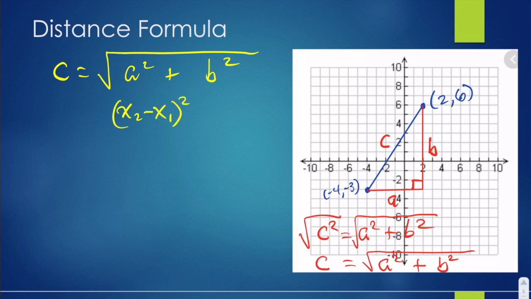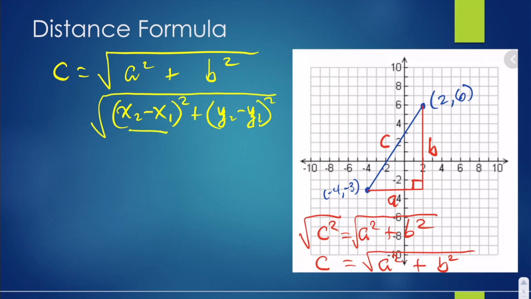So that squared comes from the A squared, right? And then this is going to be B, the length of B. Well, that's just the difference of the y's. So I'm going to say y2 minus y1 squared. And we're just going to take the square root of the whole thing. And so now you see that there's my A right there, and there's my B. And when I take the square root of the differences squared, then I get the length of C, or the length between those two points.